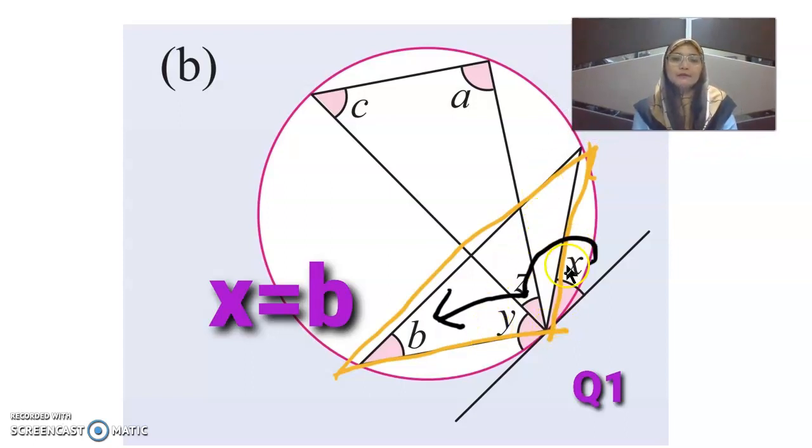You could see that X is the exterior angle of the yellow triangle. Exterior X into opposite. Therefore, we say that X is equal to B.